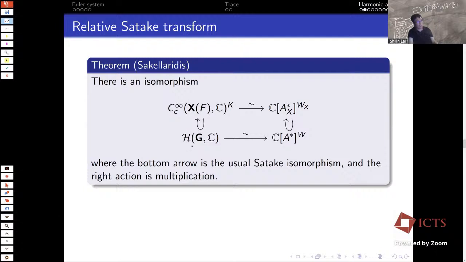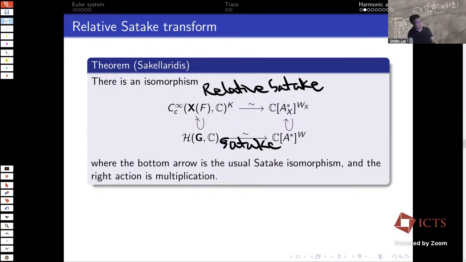The left-hand side has the usual Hecke action. Because these are unramified vectors and X has a G action, the Hecke algebra naturally acts on it. And the bottom arrow is the usual Satake isomorphism. The top arrow is, I would call, the relative Satake isomorphism.